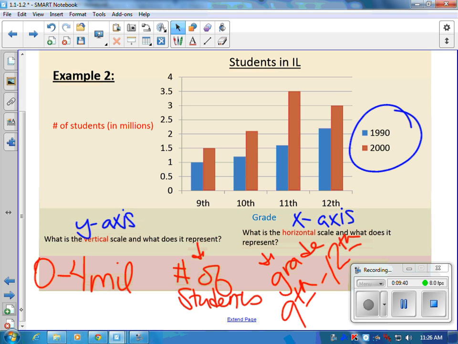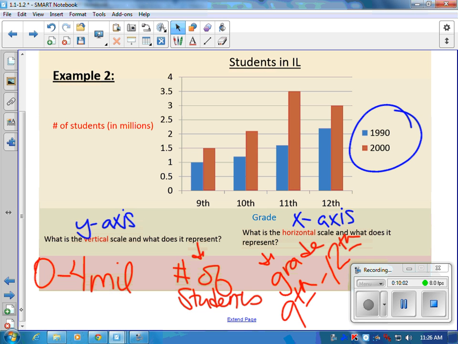Do we notice any other trends in this graph? Anything else that happens consistently? Jacob? Graham, did you have something? Okay. Okay, so in 1990, every single grade level increases.